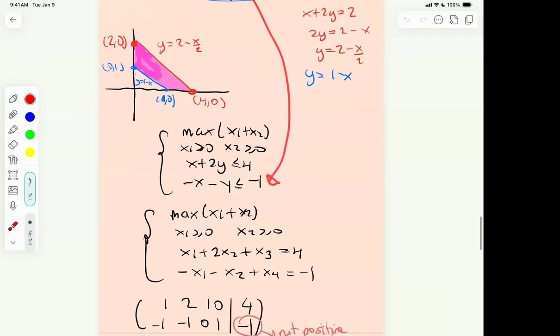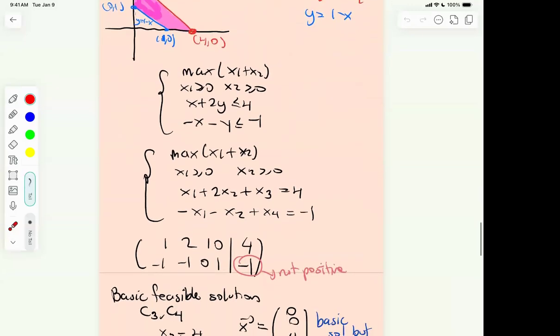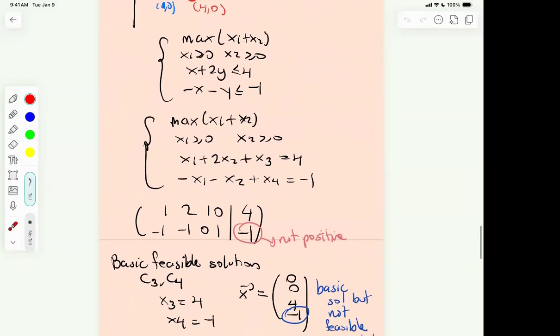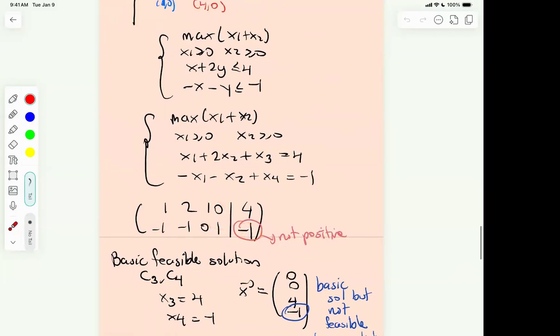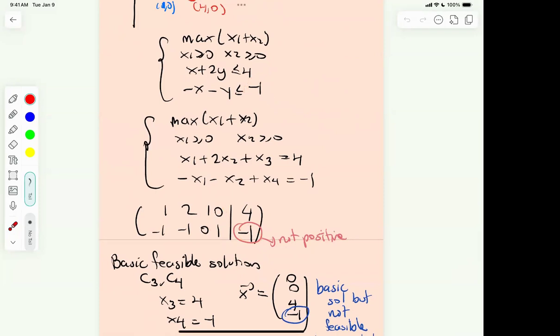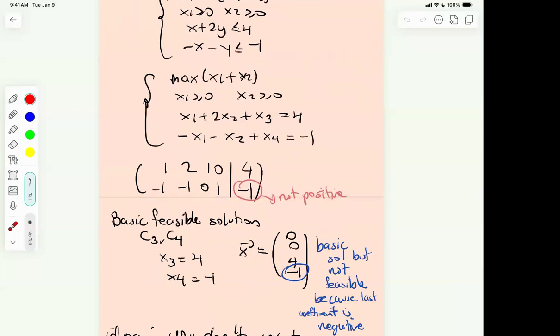But that does have an interesting effect, because when you add slack variables, for each of these inequalities, you still have the identity matrix as usual, but now you had a negative coefficient here because we had to multiply by -1. That may not seem like a big deal, but the problem, and this is implicit when I mentioned the simplex method, but it wasn't really that important until now.